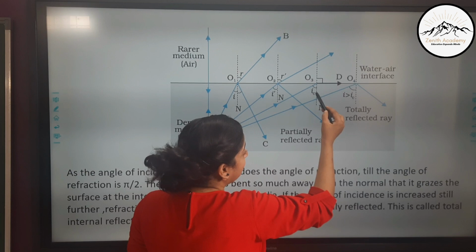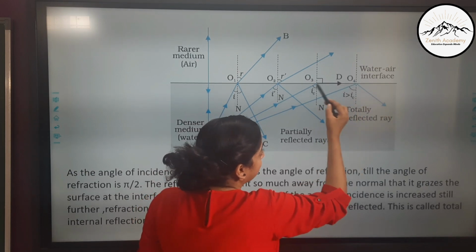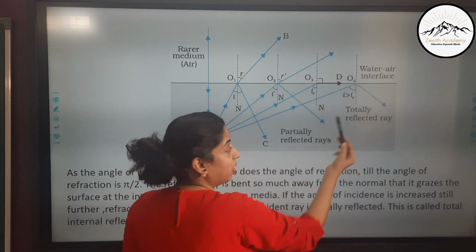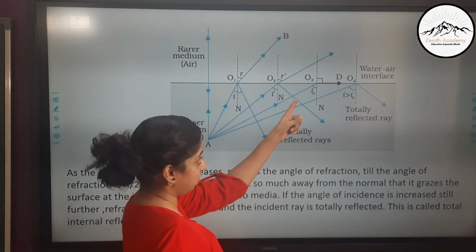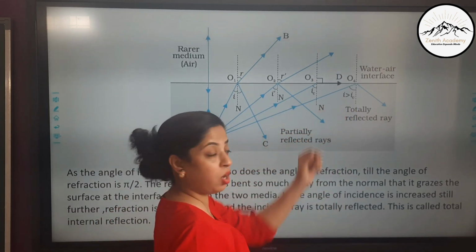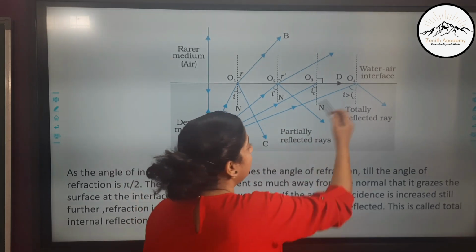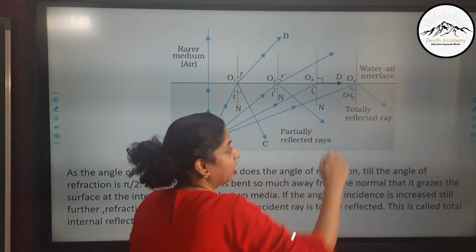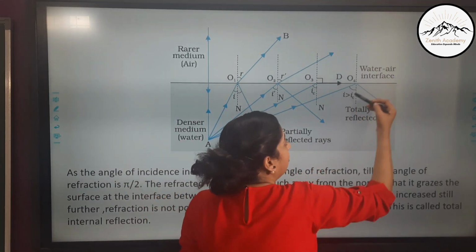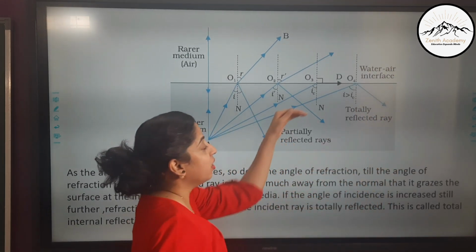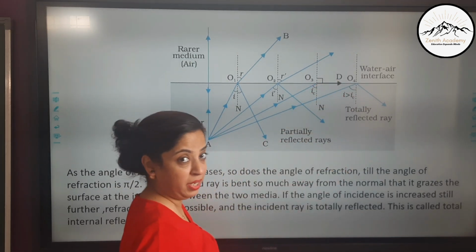Critical angle is the angle at which the refracted ray falls on the interface separating the two media. If I further increase the angle of incidence so that it is more than the critical angle, then it will bend inside in the same medium. There will be no refraction, but it will totally reflect back in the same medium.